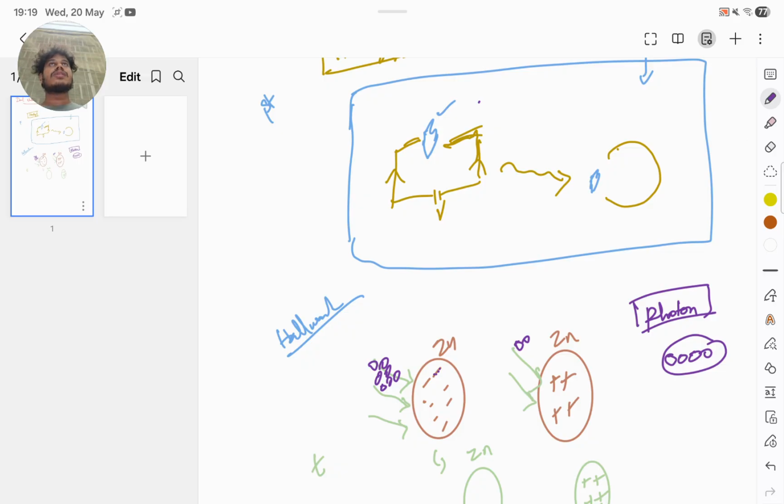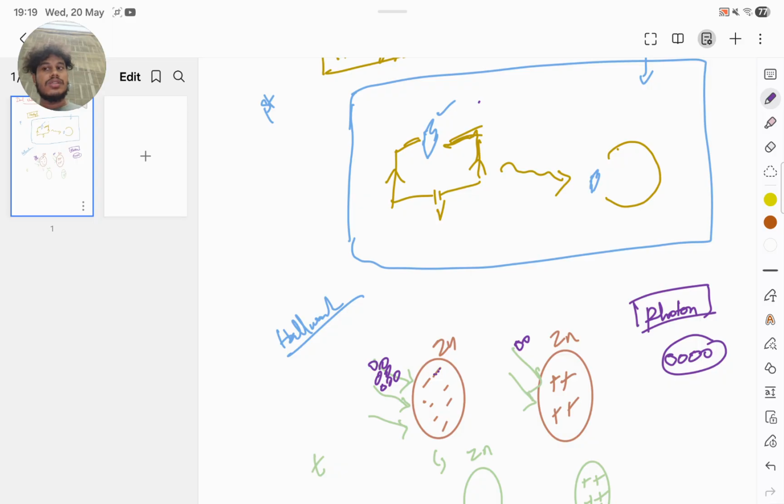So I am saying that when a light source heats the metal surface, if there are electrons in the metal surface, they will try to emit out, and it will leave a positively charged metal plate.